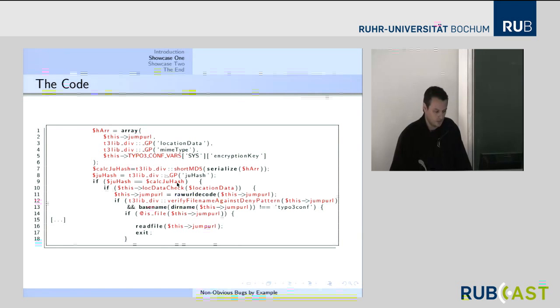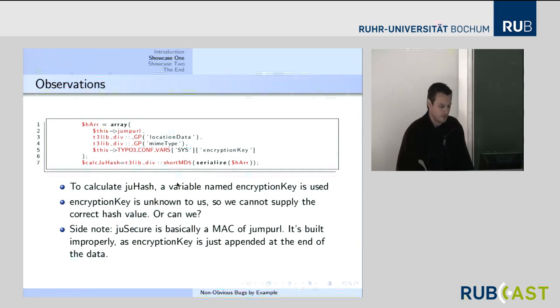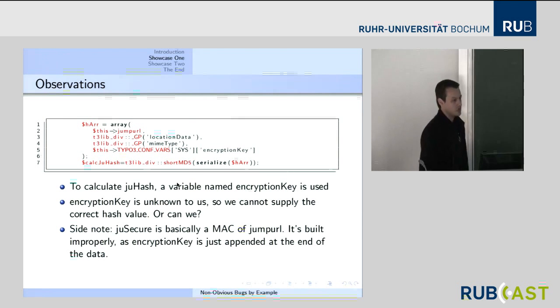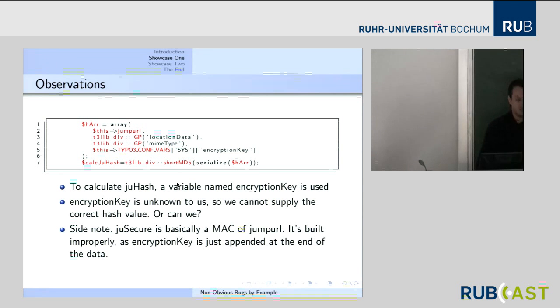Okay, so this is how it works. So to calculate the hash, they use a secret variable, the encryption key. As we don't know the encryption key, we are unable to supply the correct hash value they use here. So that looks somehow sane.